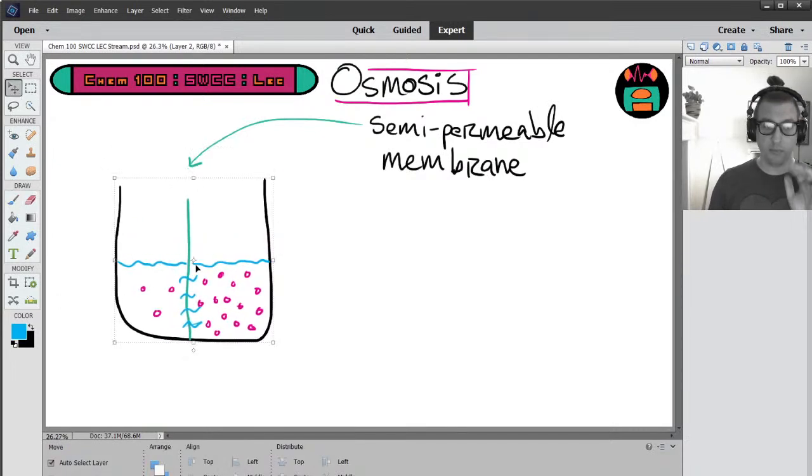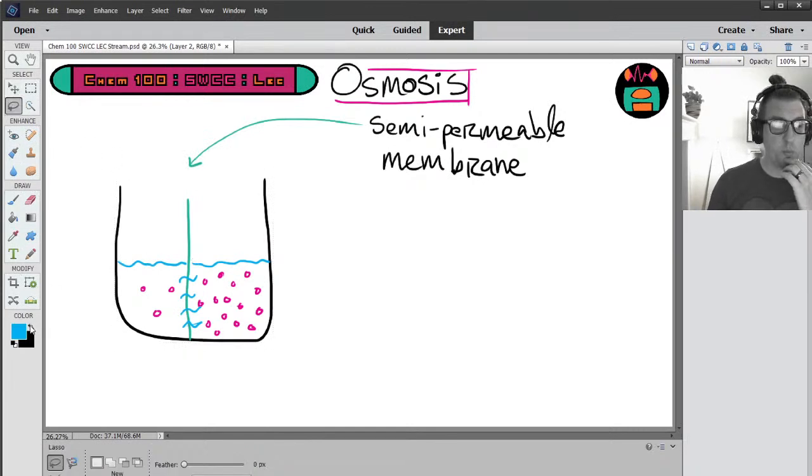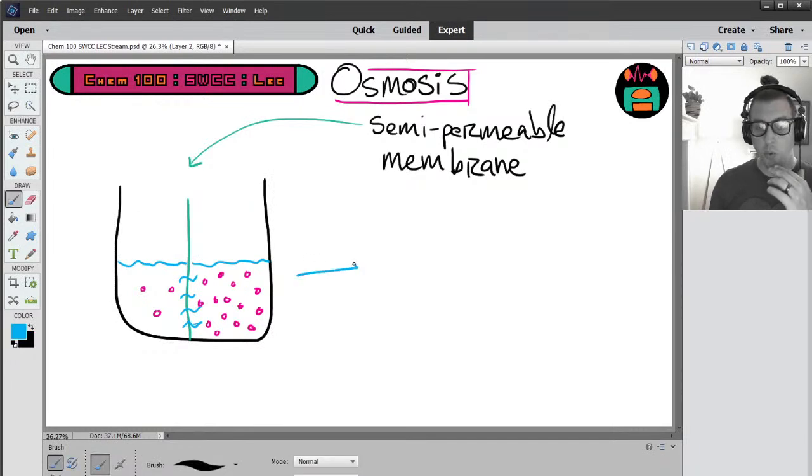Osmosis is a process that just happens in nature, and what'll occur is the solvent will flow away from the less concentrated side towards the more concentrated side until the concentrations on both sides are equal.